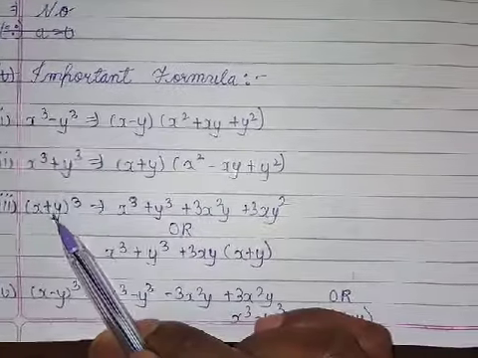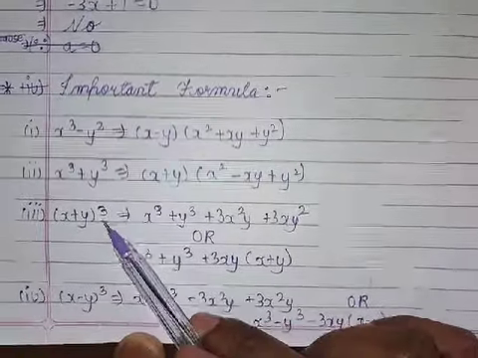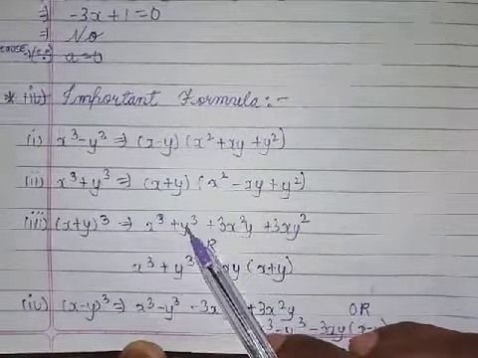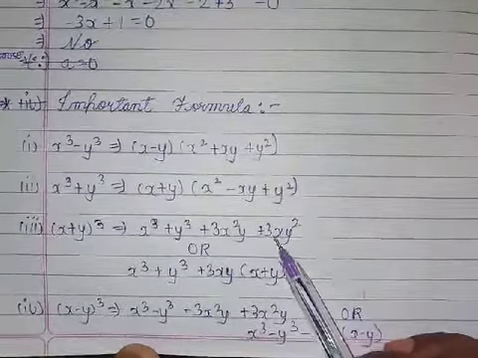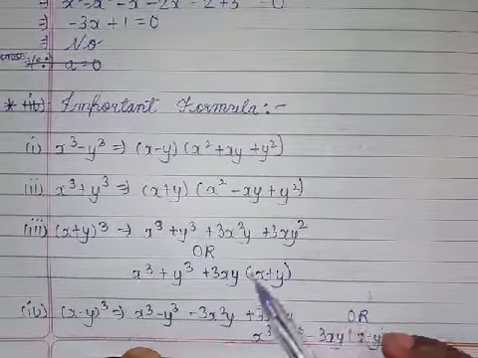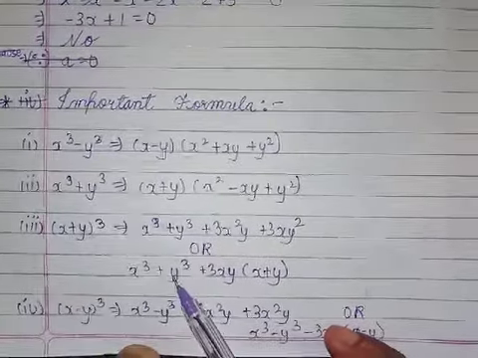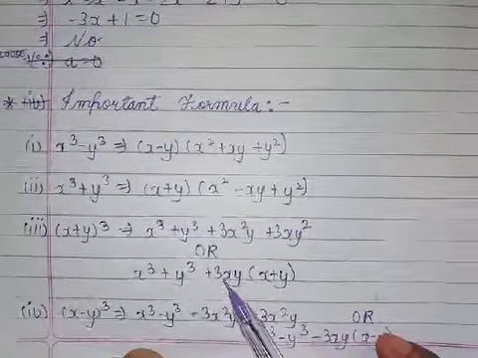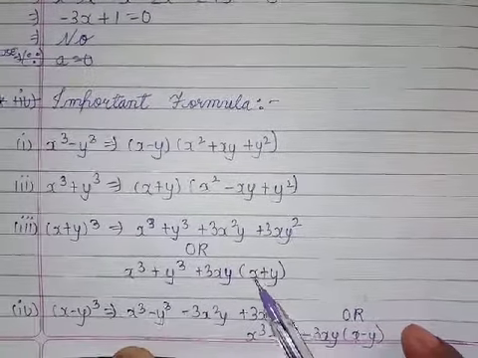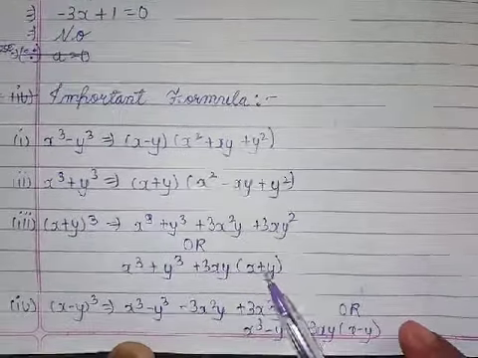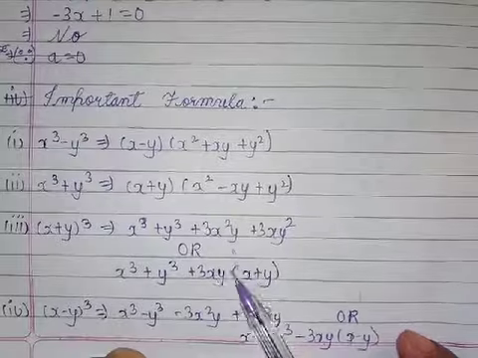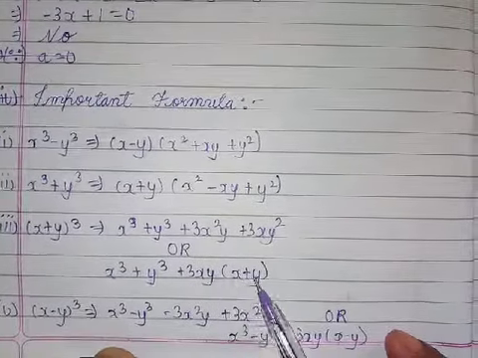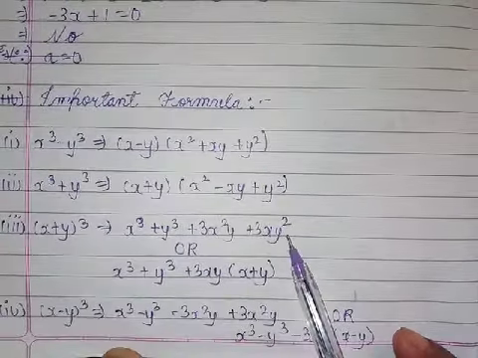Now, x plus y whole cube. What is that? It is x cube plus y cube plus 3x square y plus 3xy square. It can also be written as x cube plus y cube plus 3xy into the same bracket x plus y. If you multiply 3xy into x, you get 3x square y, and 3xy into y gives 3xy square.